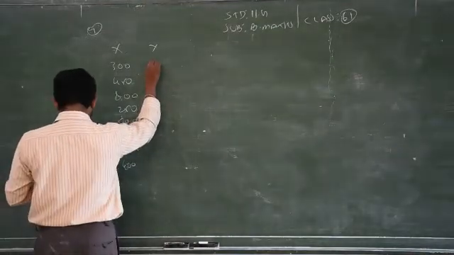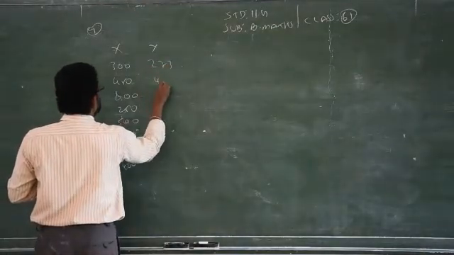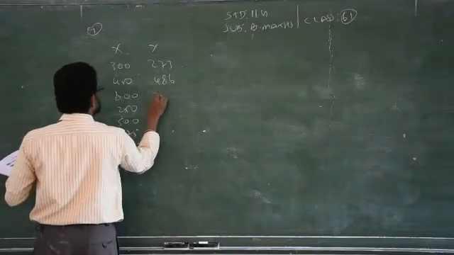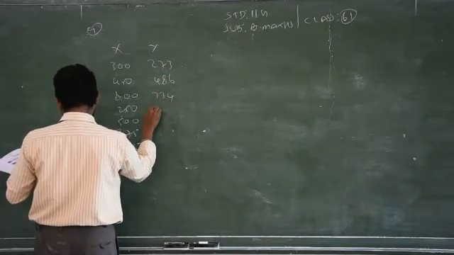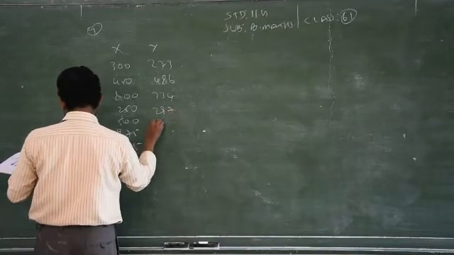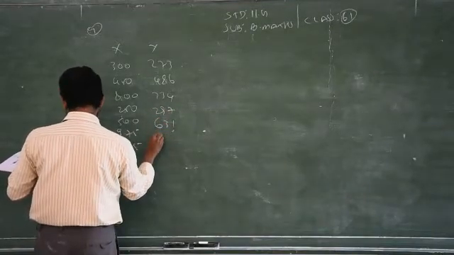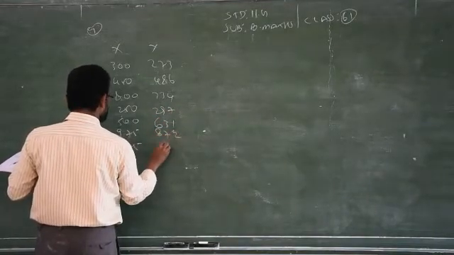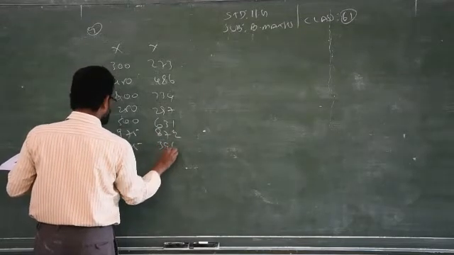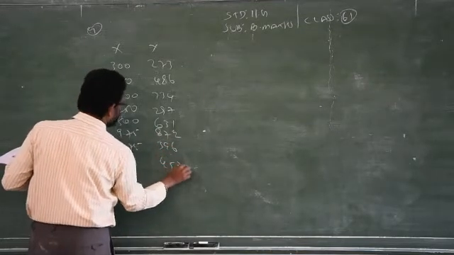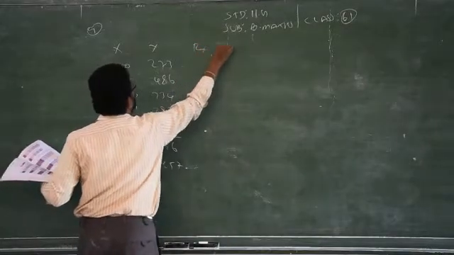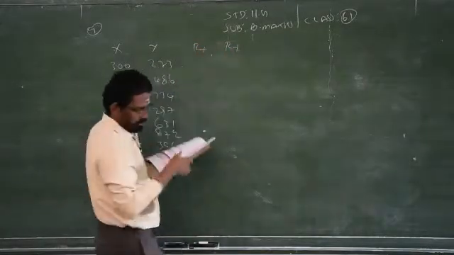Then under Y, 273, 486, 734, 297, 631, 872, 396, 457. So Rx, Ry, that is rank X, rank Y.